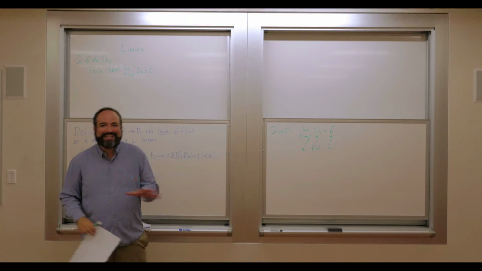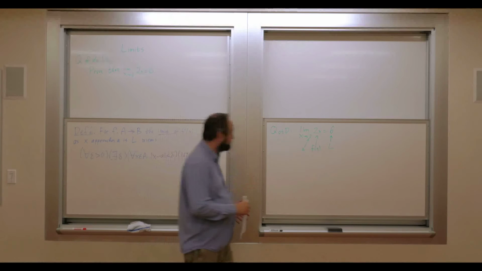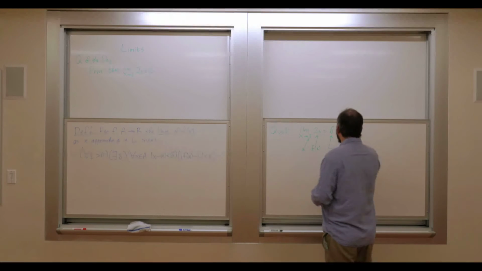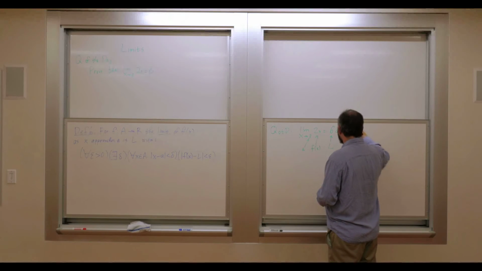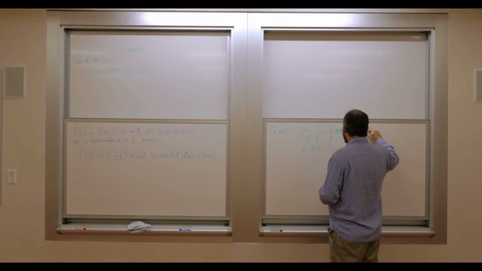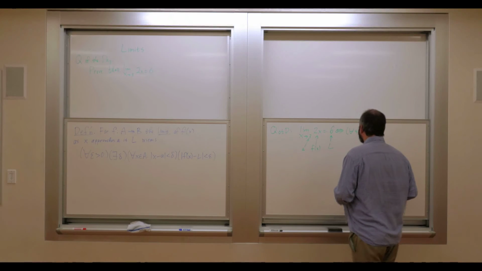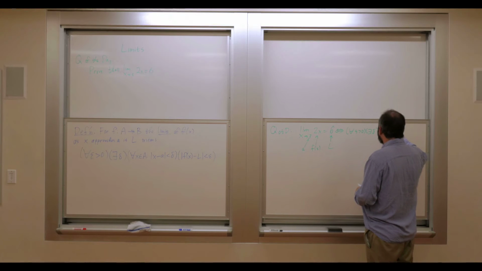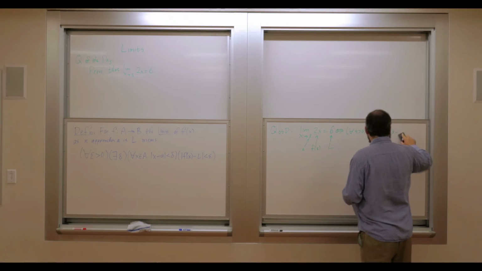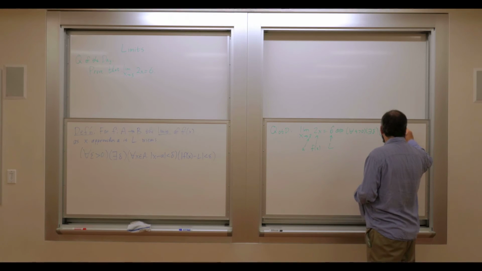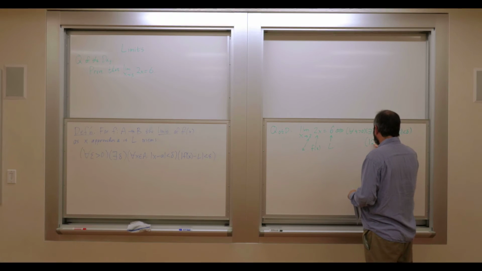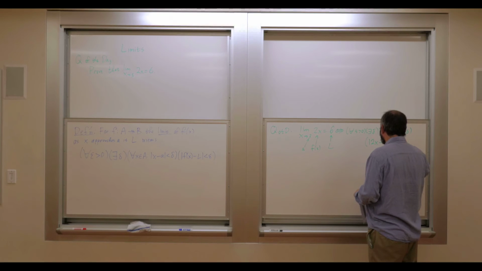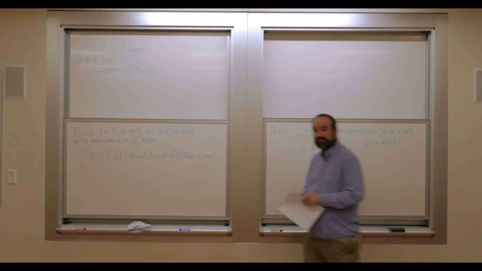So when I want to write a limit statement logically, I would say that this is equivalent to: for all epsilon greater than 0, there exists a delta such that for all x with |x − 3| less than delta, the absolute value of 2x minus 6 is less than epsilon.